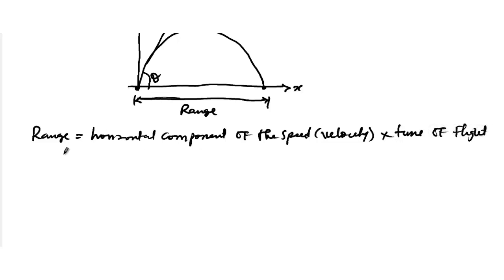What do I mean? We can say that the range, which in some cases is often called horizontal distance or displacement if the question doesn't call it range, is equal to u subscript x times t, where t is the time of flight.